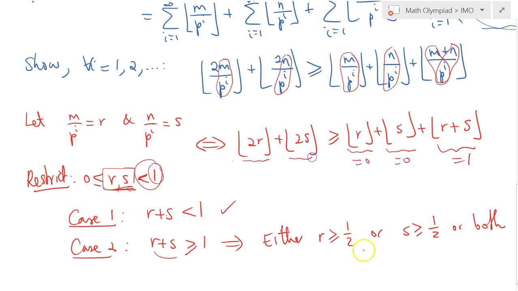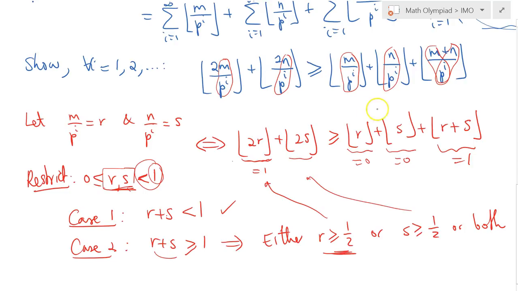Versus these two: because at least one of them is greater than or equal to 1/2, 2 times something greater than or equal to 1/2 would definitely reach at least 1. So one of them, say this one, would be equal to 1, and maybe this one is also.